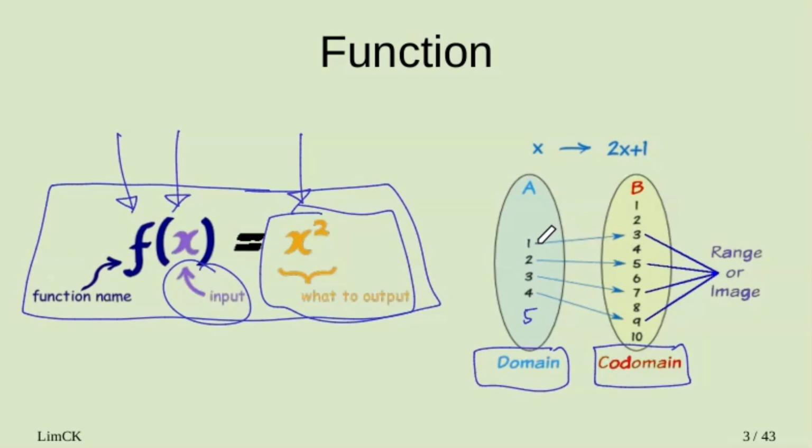If 1 maps to 3, 1 cannot map to another element anymore. Otherwise, this is not a function. And the third one is, if you have more than one element mapping to the same element, for example both 4 and 5 map to 9, then this is allowed. But we cannot have one element mapped to multiple elements in the codomain.